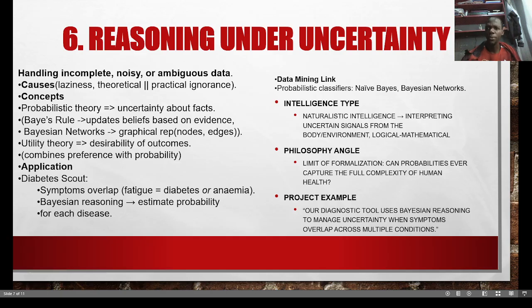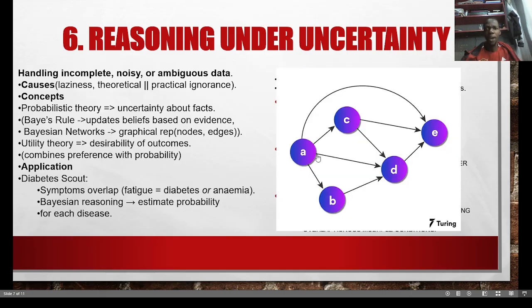And of course we can use the Bayesian network. It is another building block when you are talking about reasoning under uncertainty. What does it look like? Here we have nodes and edges. Wherever we have two nodes that are connected to each other, there is a link between them indicating the direction of the cause.